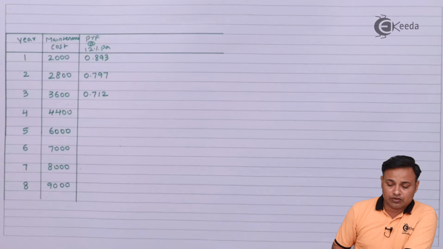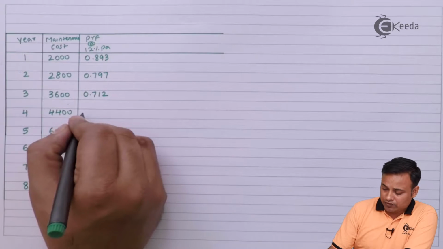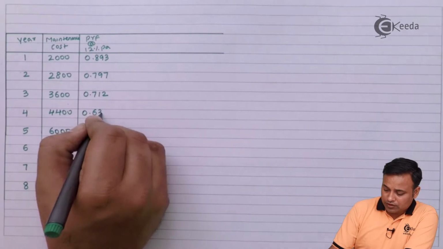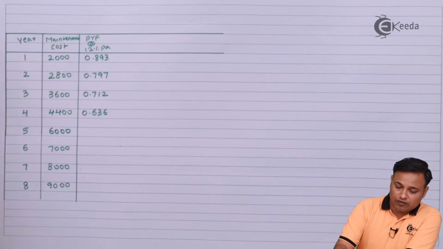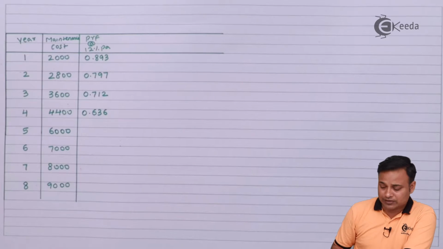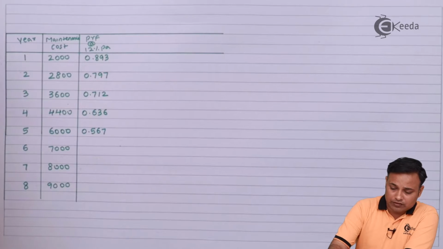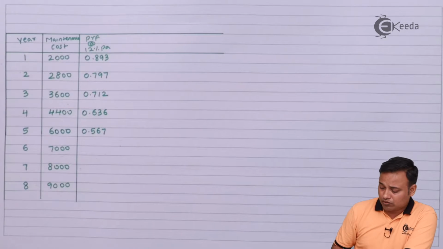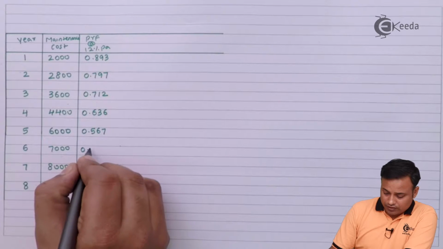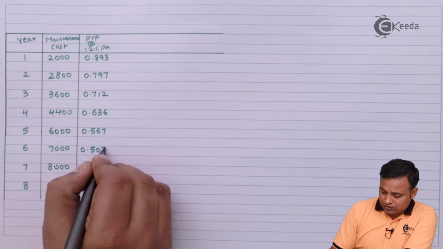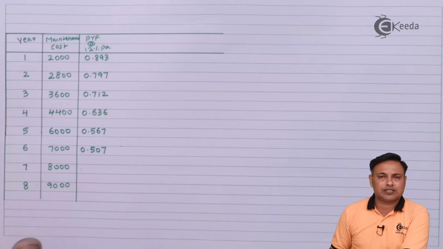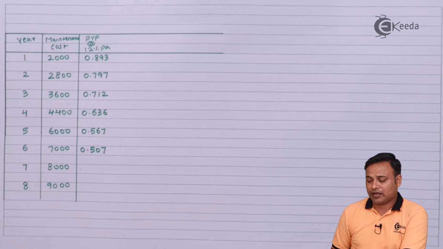For the next year it will be 0.6355, which will be 0.636. For the next year it will be 0.567. For the sixth year it will be 0.5066, that is 0.507. I'll just keep the 7th and the 8th year blank right now.